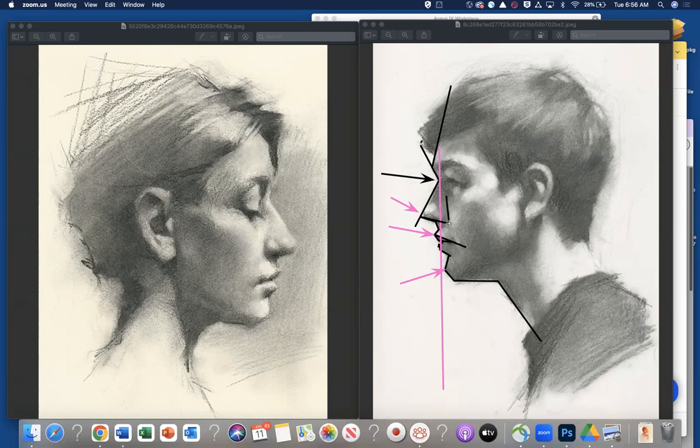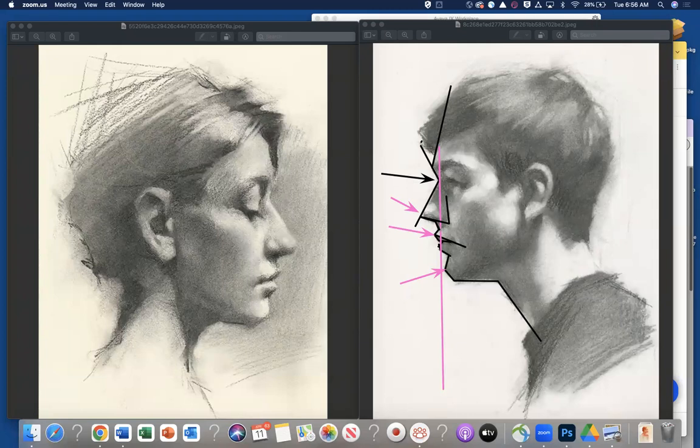It depends where the light source is coming from, but we'll talk about light value and all that stuff in a second. But the thing I'm pointing out is that the upper lip, which is right here, usually starts off about halfway on an angle, inward halfway or outward from where the nose begins.